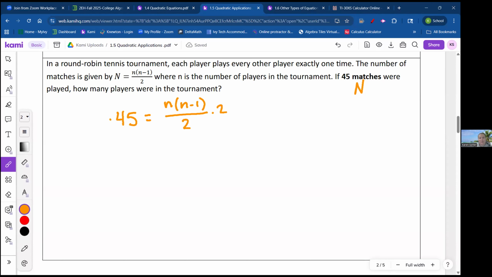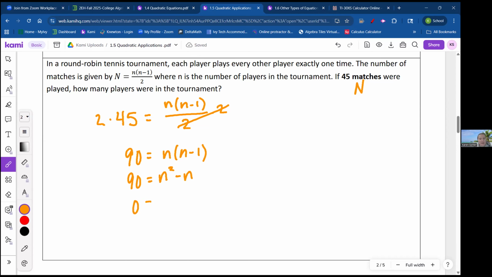Times it by 2. So you get 90 is equal to little n times n minus 1. You do want to multiply those n's. So you get 90 is equal to n squared minus n. And again, quadratic, right? Because we want to set it up as a quadratic.